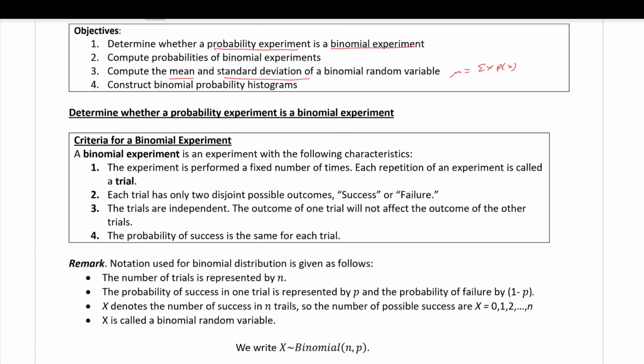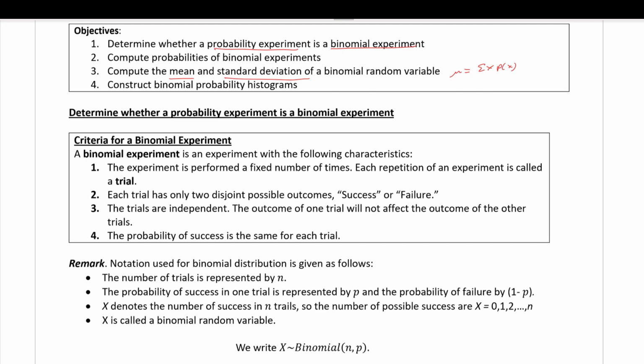Okay, so determine if a probability experiment is a binomial experiment. All right, so there are 4 criteria for the binomial experiment, and we're going to do problems where we have to ask ourselves, does it meet these criteria? Quite often you might actually just commit these to memory. Okay.